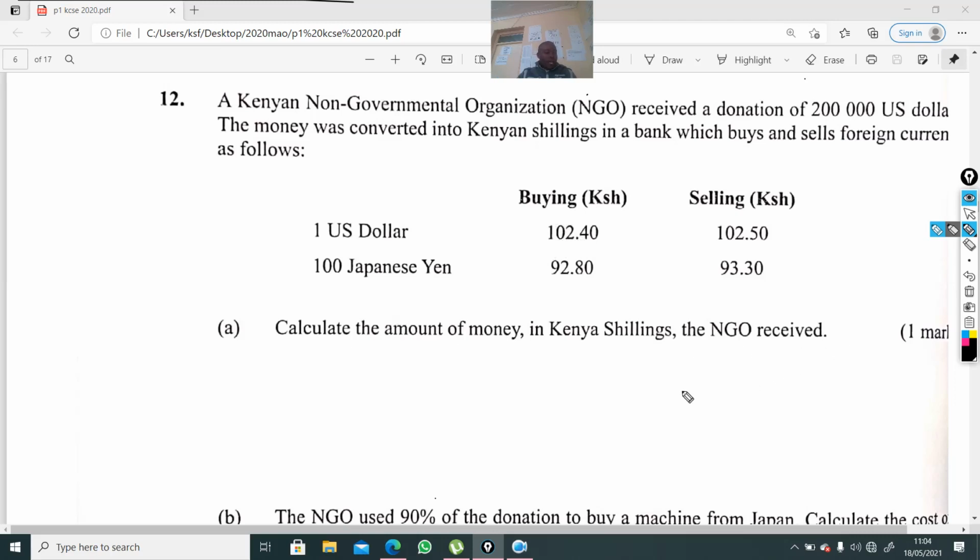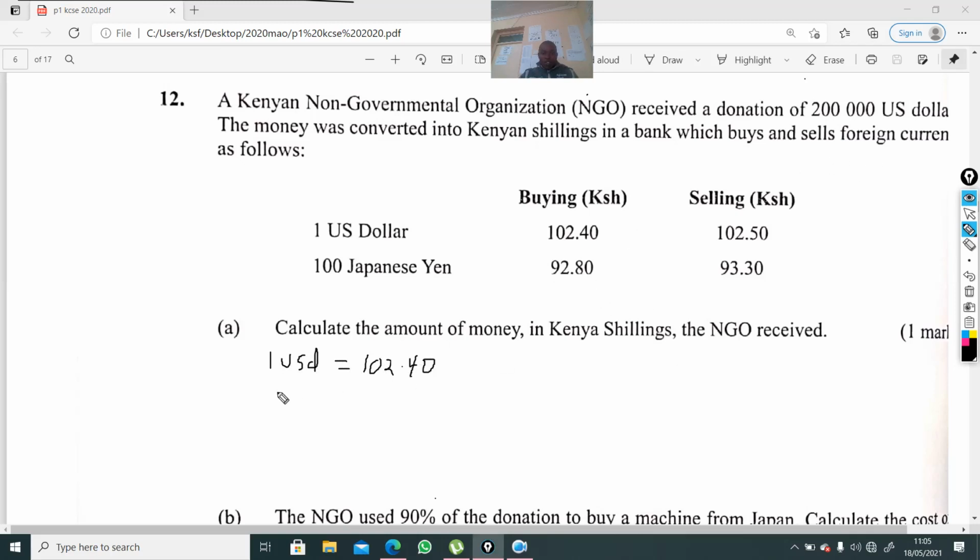Because you are using the buying rate, we say that $1 US equals 102.40. So what about 200,000?